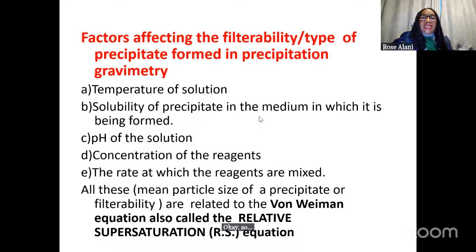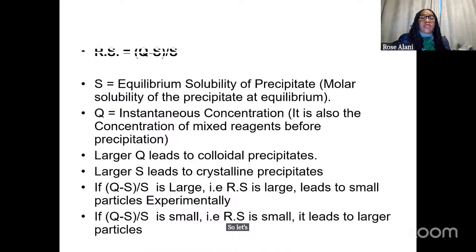So, all these that I've just listed for you are related to the von Weimarn equation, also called the relative supersaturation, RS equation. So let's look at the RS equation.